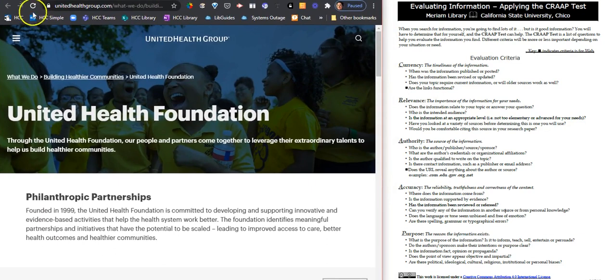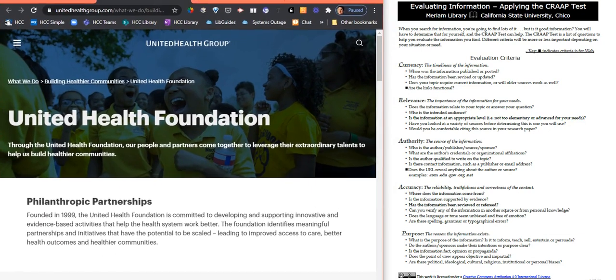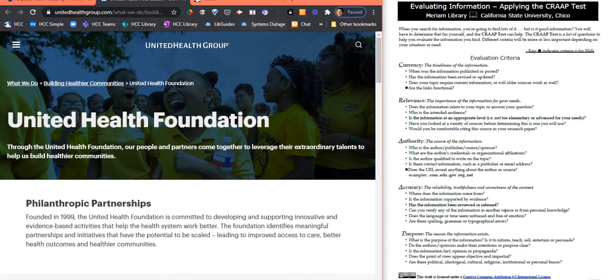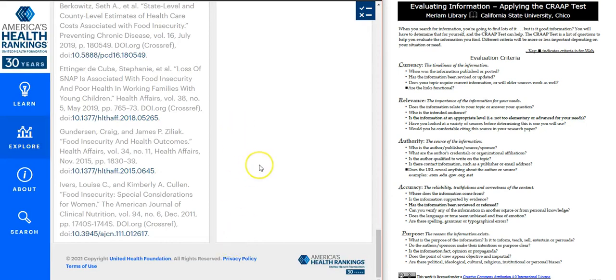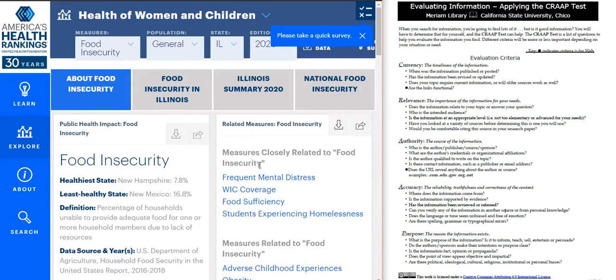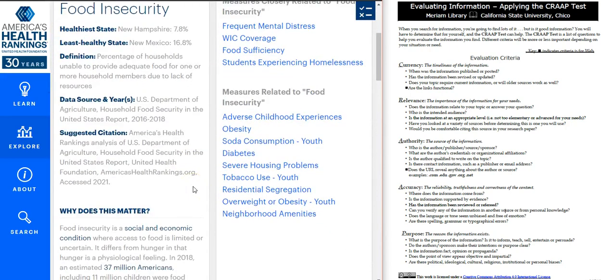Okay, I'm going to go back. So even something like this, sorry, I have to keep moving this a little bit. Even though this looks like it gives us a lot of information, it may be accurate. I don't know. Where is the information coming from?